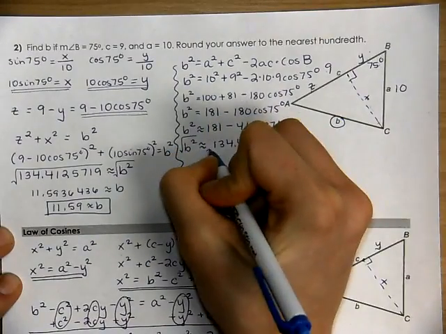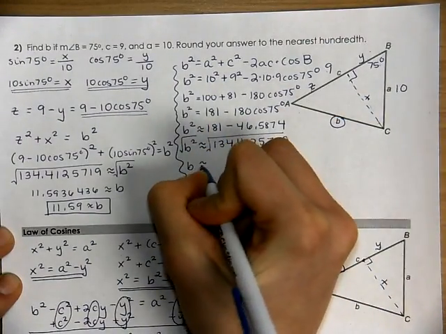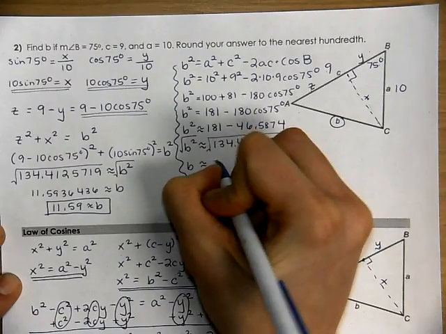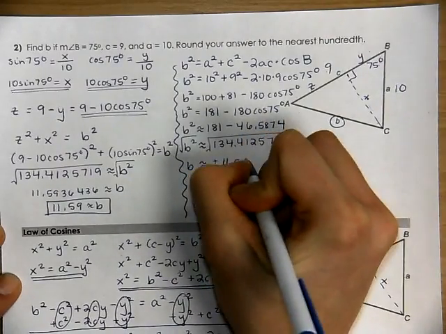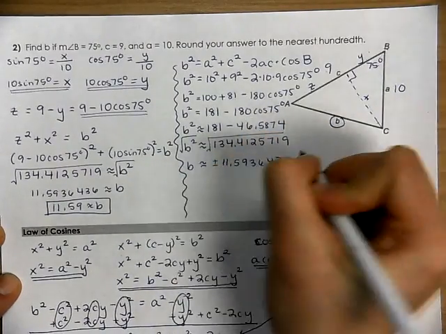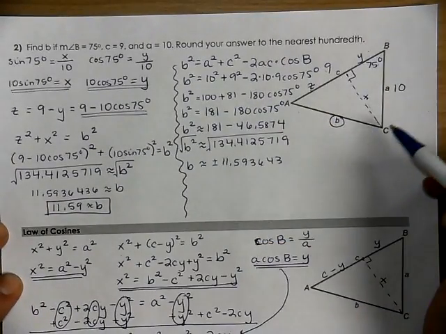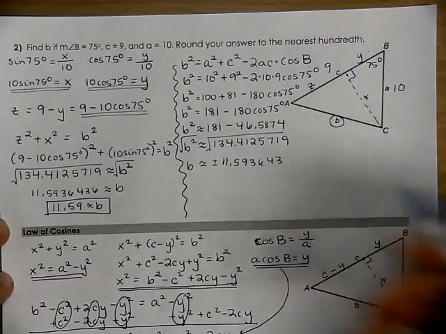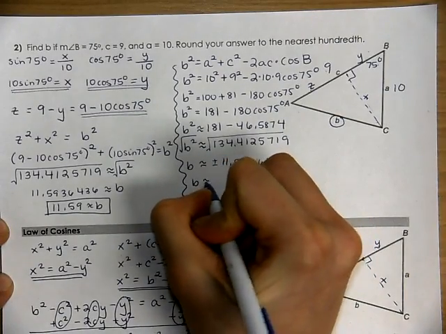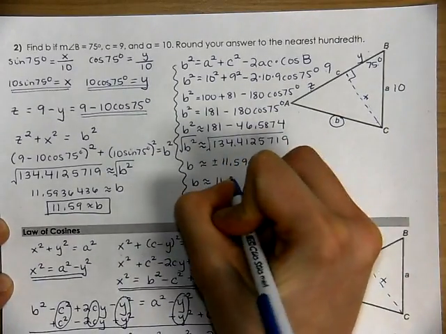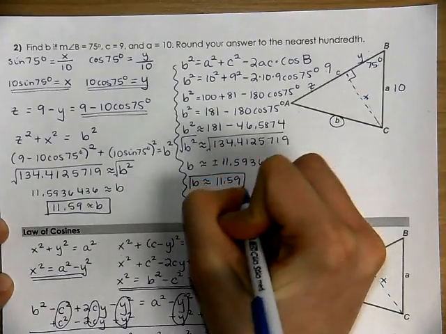And again, when I take the square root, I have that B will be approximately plus or minus 11.593643. Now, we don't need the plus or minus because B represents the length of the triangle, so we know it can't be negative. It asks us to round to the nearest hundredth, so we get approximately 11.59.